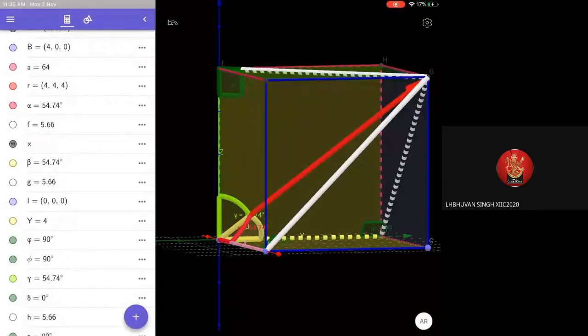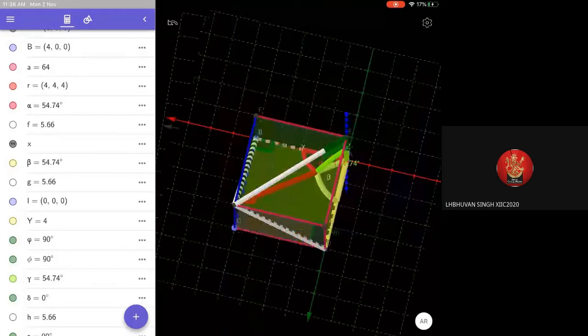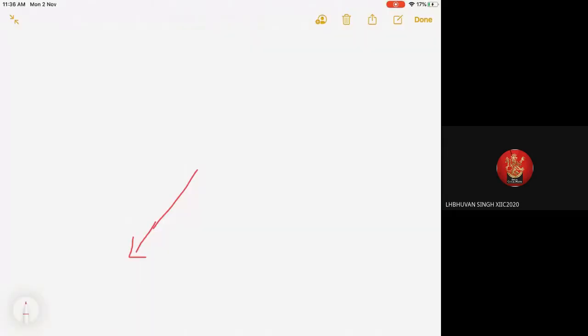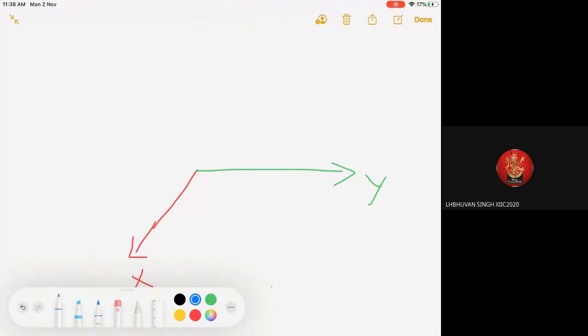Now, if alpha, beta, gamma are the angles between the x-axis and the line, the y-axis and the line, and the z-axis and the line, a term which we have defined is... Here we have the x-axis, here is your y-axis, and here is your z-axis.